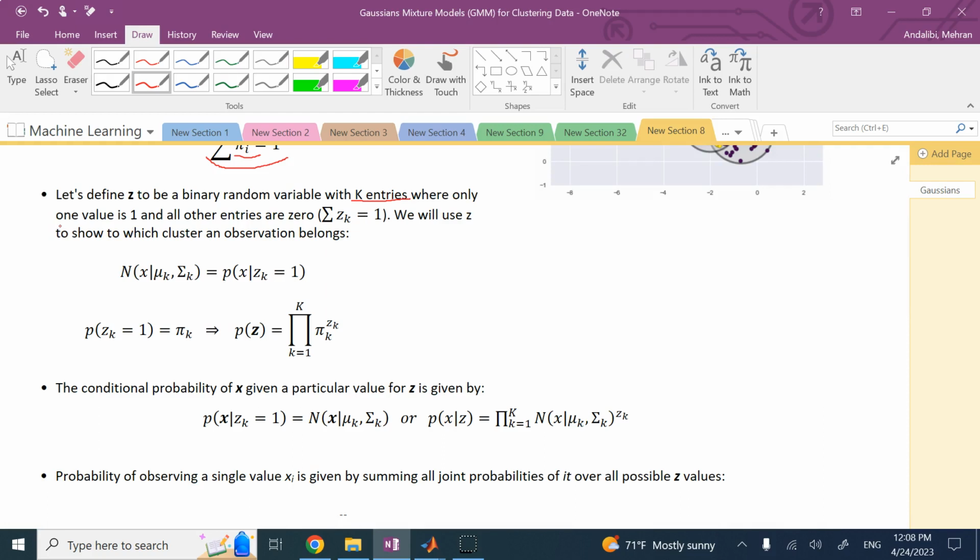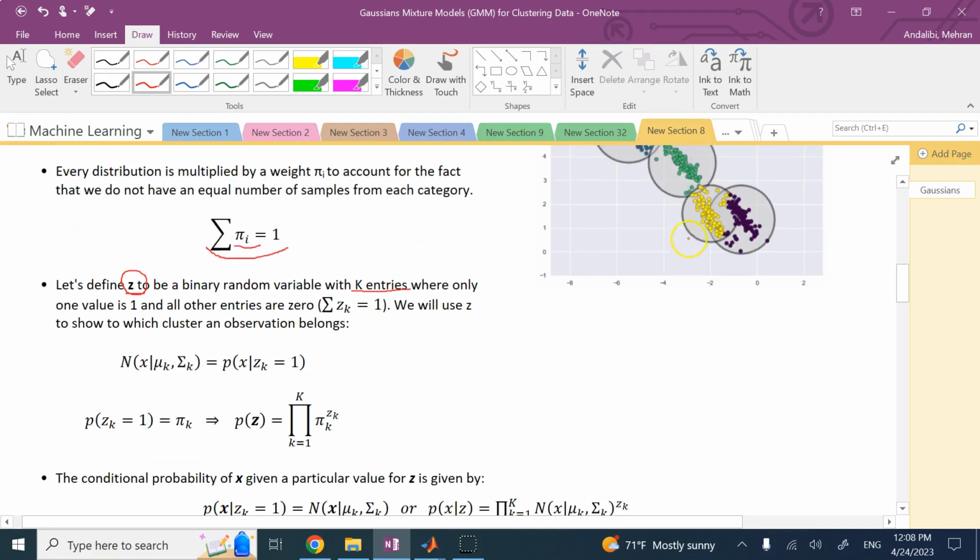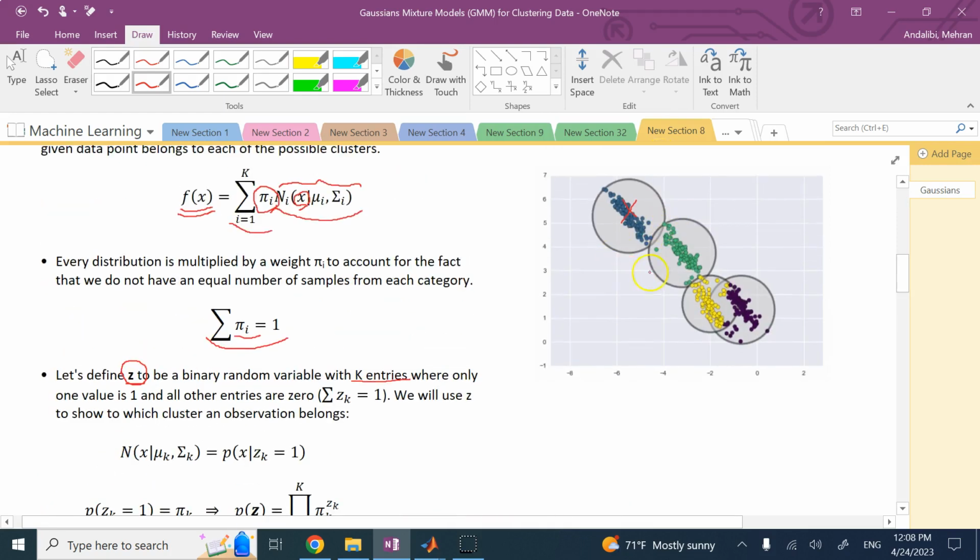One of them is 1, the others are 0. So the z variable is such a thing, and then if we do that, now which one of them is 1? Remember, we said out of the k entries, only one of them is 1. Which one? The one that the data belongs to. So basically this z variable is kind of like a label showing which one of your clusters the data belongs to. Okay, so if entry 1 of it is 1, it means it belongs to cluster 1. If it's entry 2, it belongs to cluster 2, and so on.